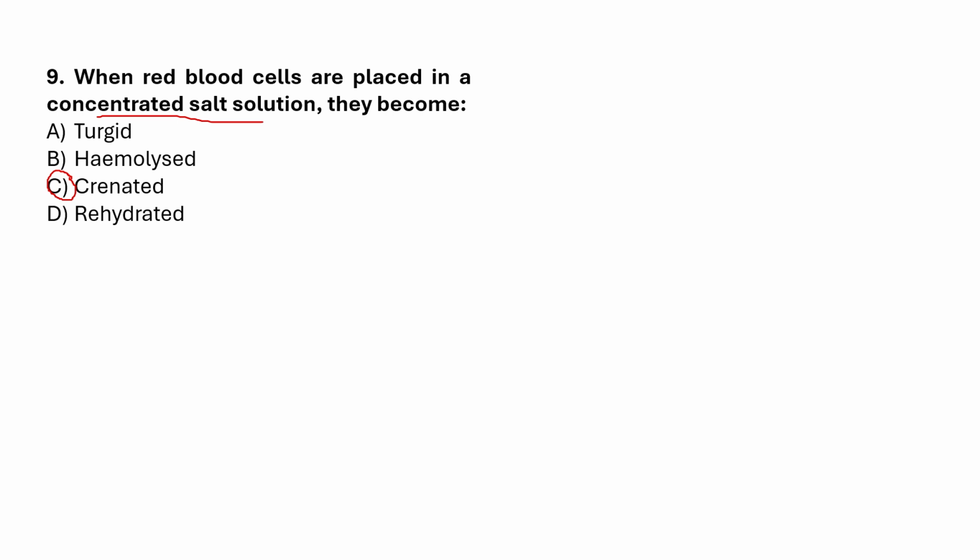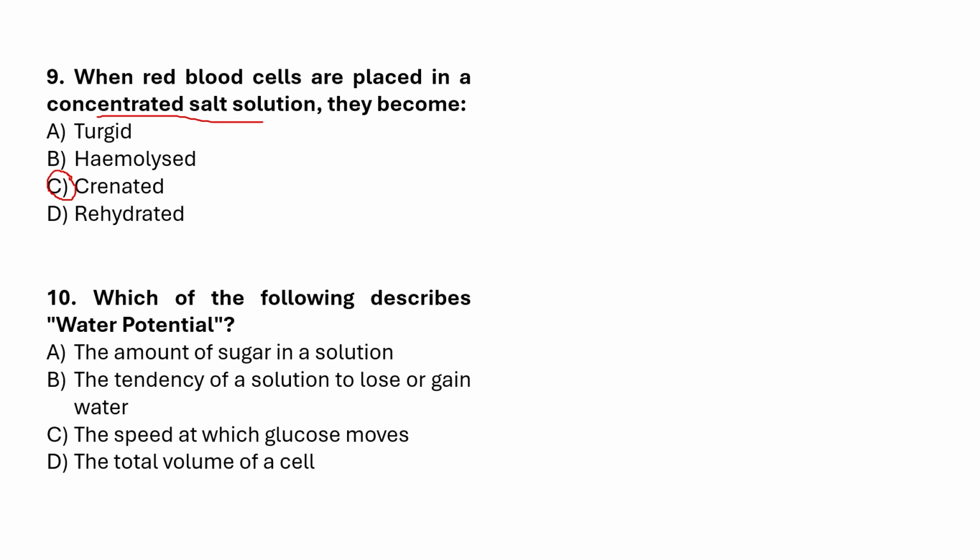More solutes, lower water potential. So a concentrated salt solution has a lower water potential than the red blood cell. So water moves out of the cell through the process of osmosis, causing the cell to shrivel and shrink. That is the reason the answer is C.